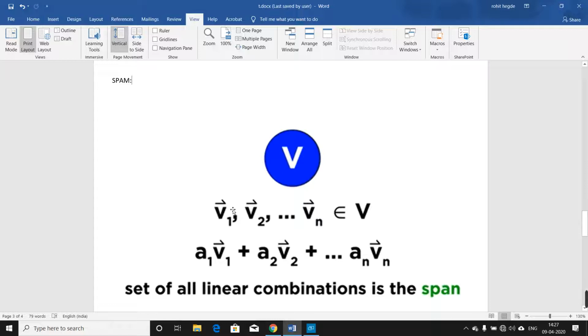If we multiply by scalars a1, a2, up to an, then the equation a1 v1 plus a2 v2 plus dot dot dot until an vn, we call this a linear combination. The set of all such linear combinations is called the span.